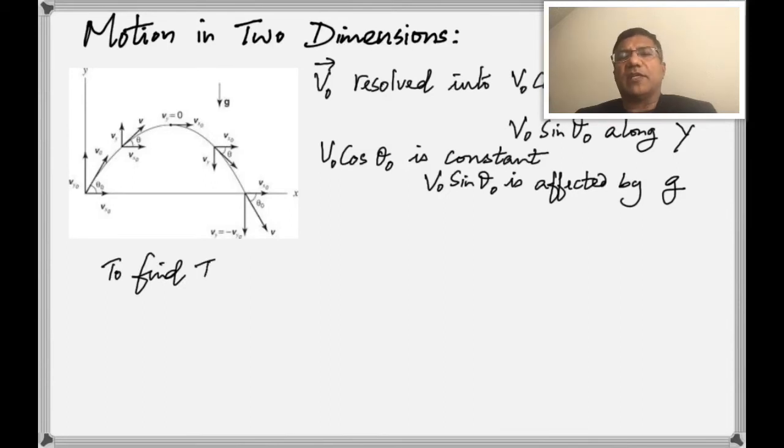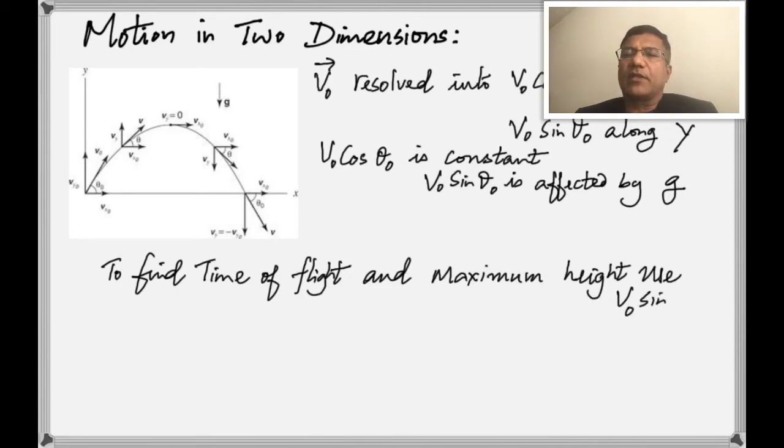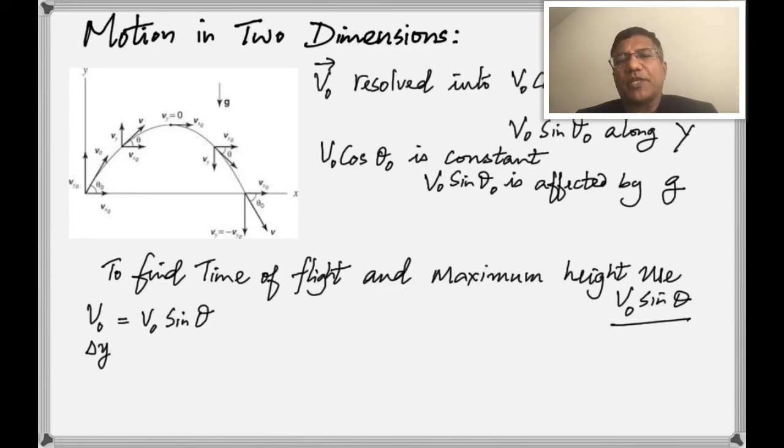So let's find the time of flight, because it's actually flying from A to B. To find the time of flight and the maximum height, in both of these cases we only use the vertical initial component, which is V naught sine theta. Therefore, the initial velocity is V naught sine theta. Now, don't be confused with that.